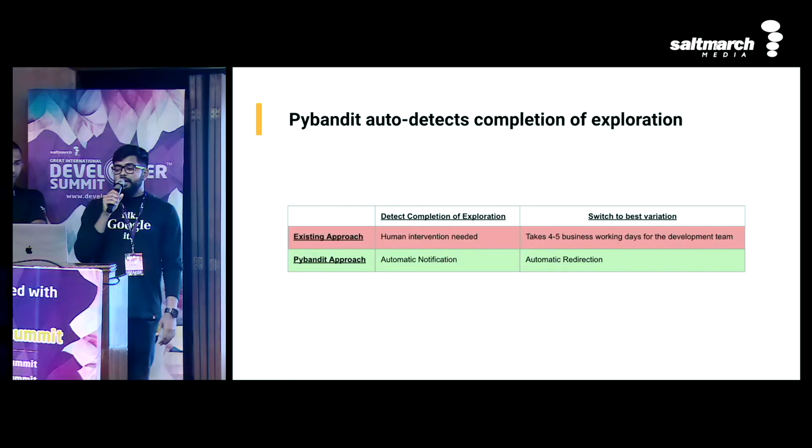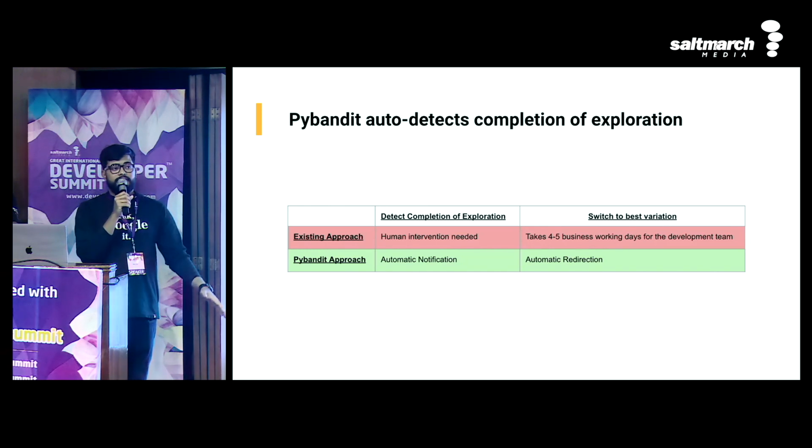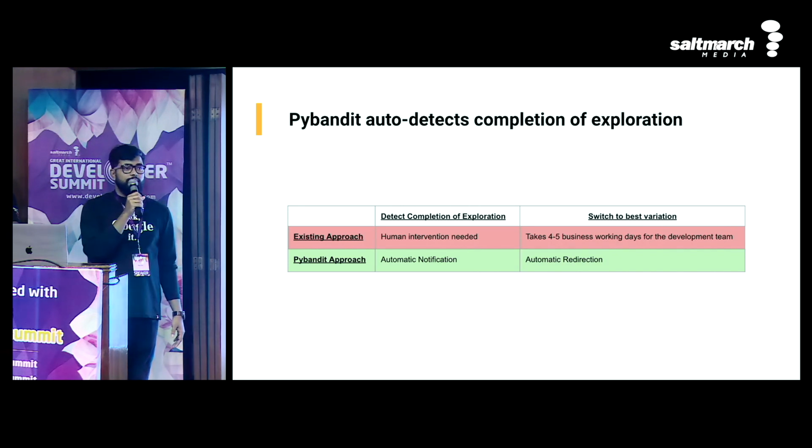Secondly, Pybandit automatically detects when the exploration phase is done. Not like the existing approach. Whenever the exploration is done, you need a statistician to tell whether the result is statistically significant or not.